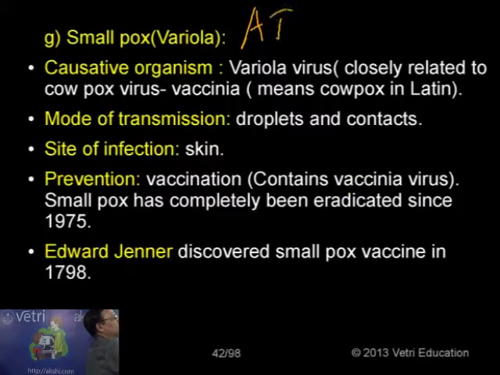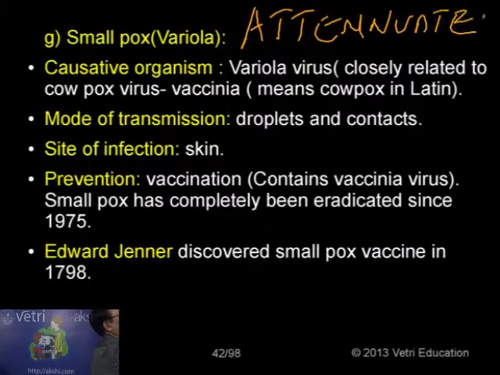Attenuated germ is nothing but a modified form of virus so that the virus can impart immunity instead of causing the disease. It stimulates the production of antibodies. So the weakened germs are suspended in a fluid medium, and that is called attenuated or avirulent strains.